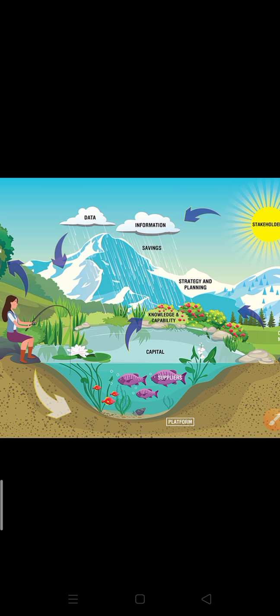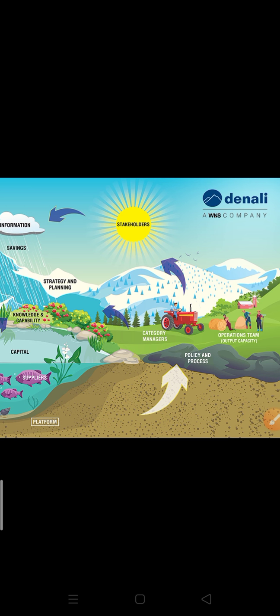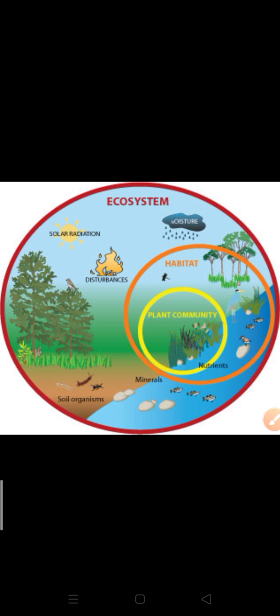Okay, so it's about an ecosystem. On your screen also you can see the different biotic and abiotic components and how they are interdependent with each other. Okay, so this is another diagram related with ecosystem.